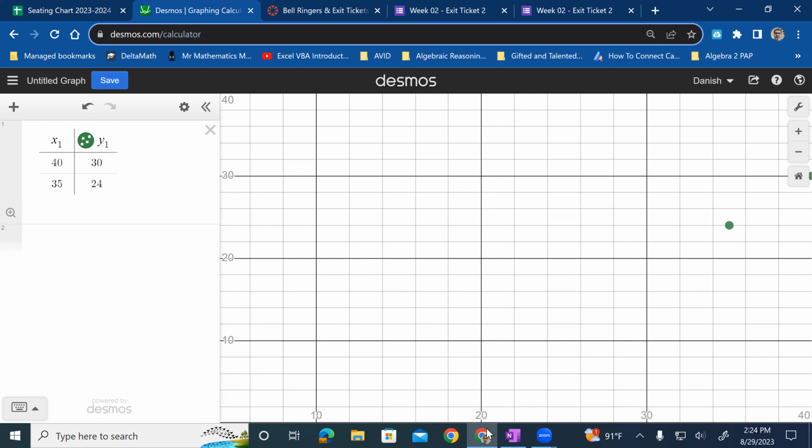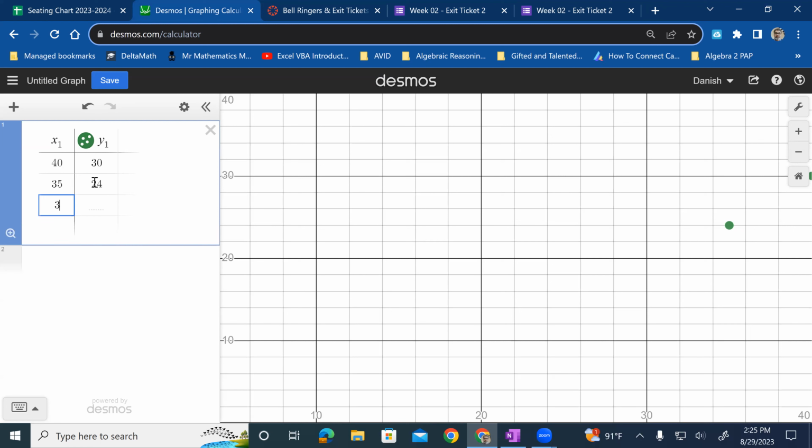I put x and y both from 0 to 40. For x and y both, I used the scale from 0 to 40. Use the same thing and then keep on adding the points, and let me know if you have the same thing visible on your plot or not.